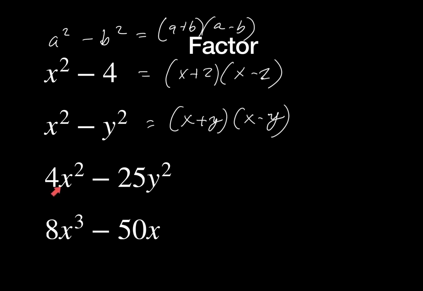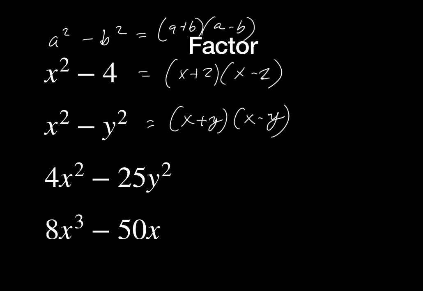Next one down. Are 4 and 25 divisible by the same thing? No. Are x and y divisible by the same thing? No. Is this a difference? Yes. Are they squares? Yes.